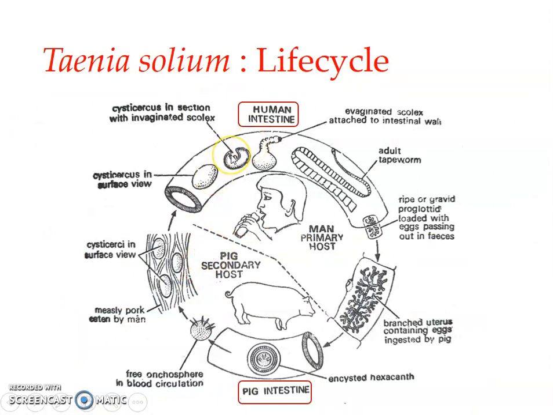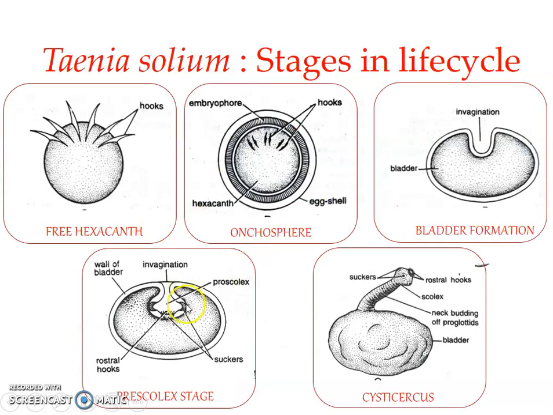Reaching there, the evagination of the scolex happens and the scolex is visible now. It attaches onto the wall of the intestine with the help of the hooks on the rostrum, and remains attached.